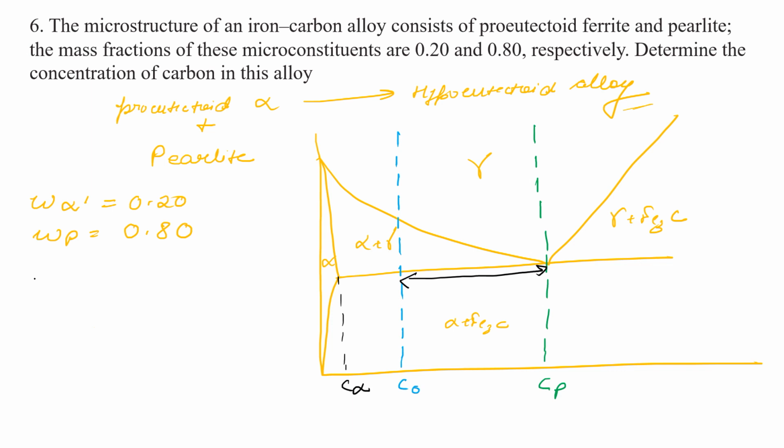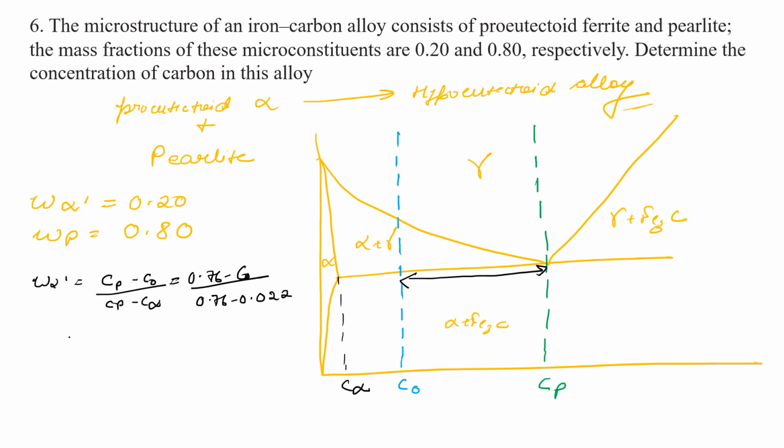So W alpha prime is given by Cp minus C naught divided by Cp minus C alpha, which is 0.76 minus C naught divided by 0.76 minus 0.022.